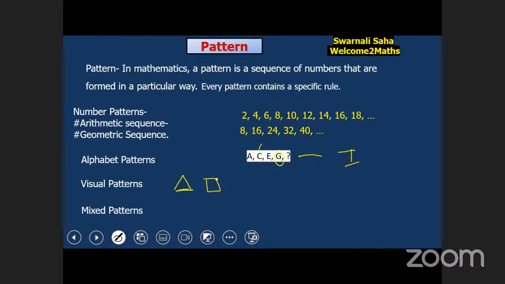Yes, triangle, then square. In this way. You see, a triangle has 3 sides and a square has 4 sides. So obviously we have 5 sides next. That means it would be a pentagon. After a pentagon, there would be a hexagon. It's 3 sides, it's 4 sides, so it would be 1, 2, 3, 4, 5. 5 sides. So it would be a pentagon. Okay, fine.